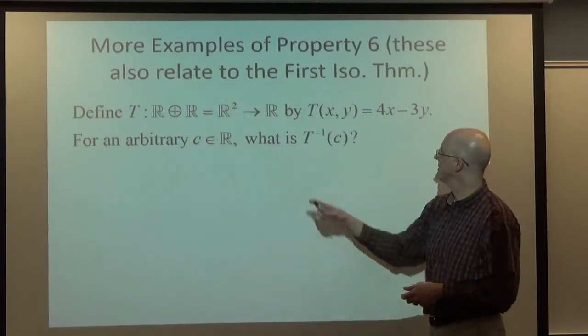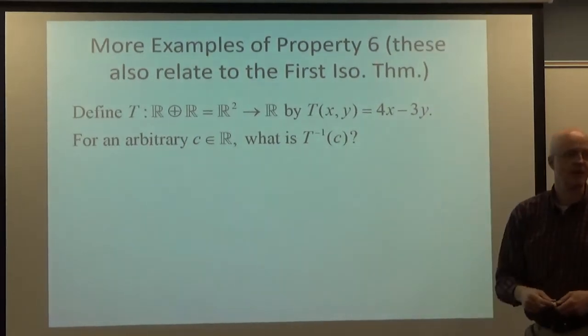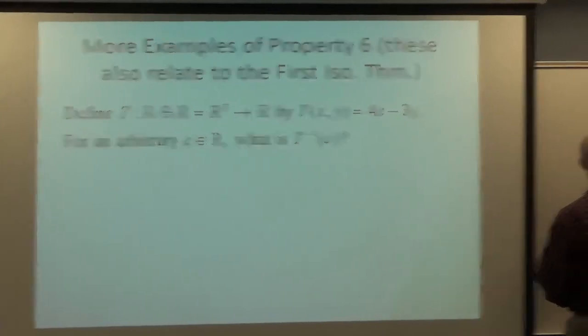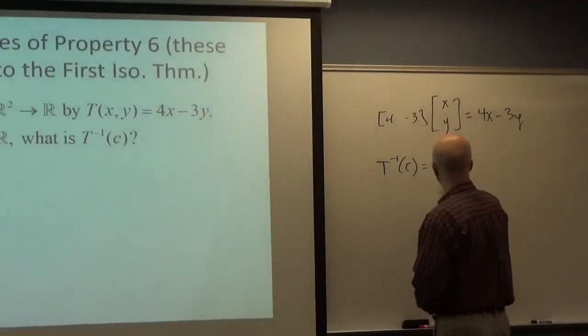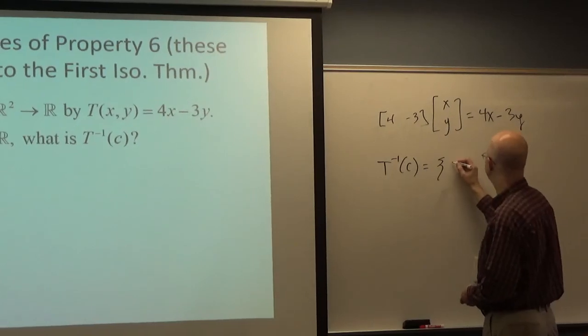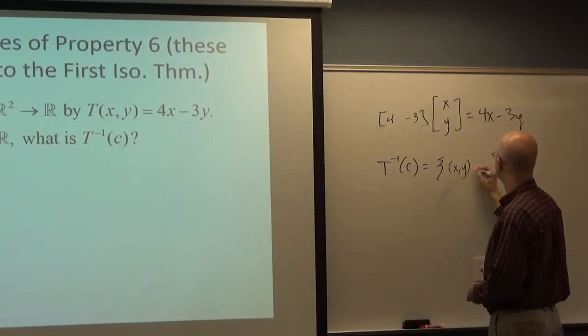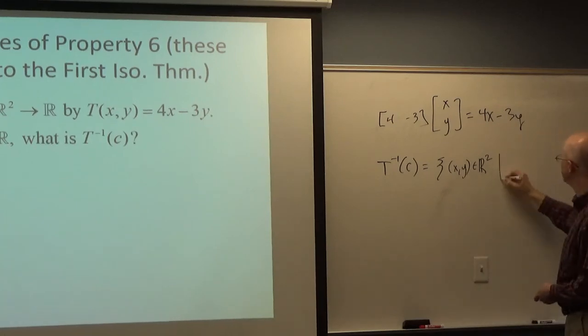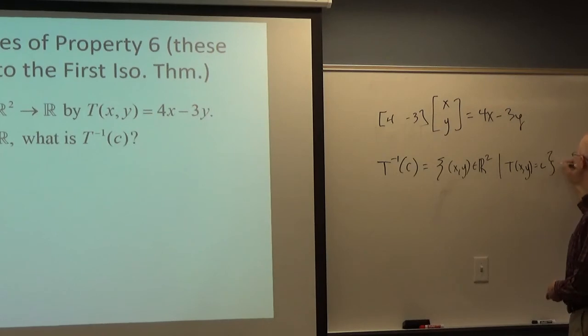For an arbitrary real number, what is the preimage of that arbitrary real number? Well, it's going to be the set of points in R2 so that T of (x, y) equals c.